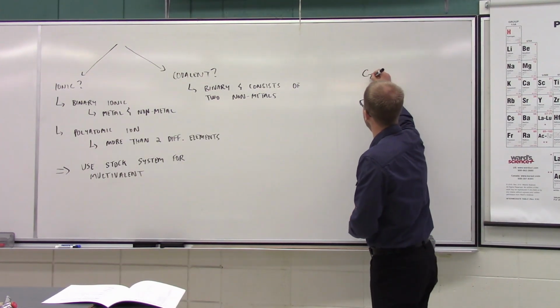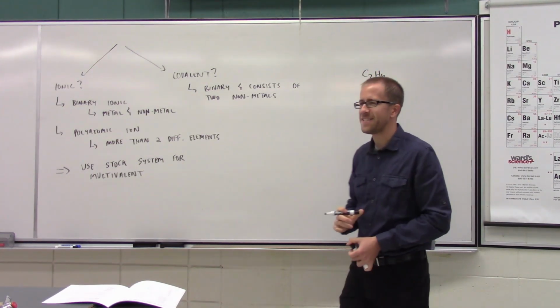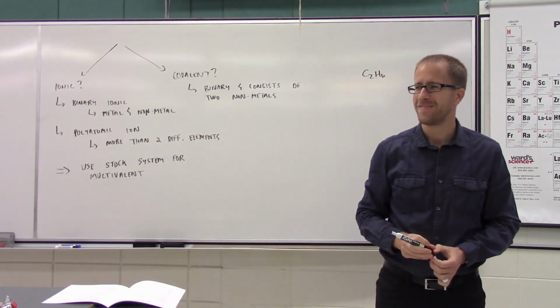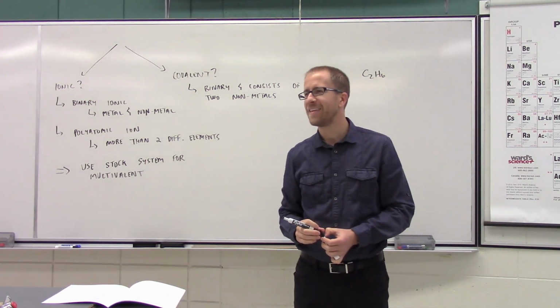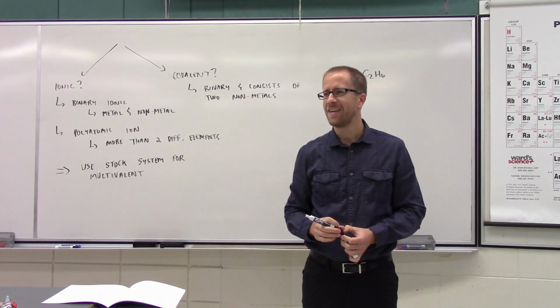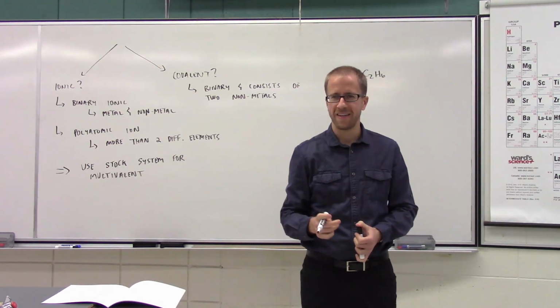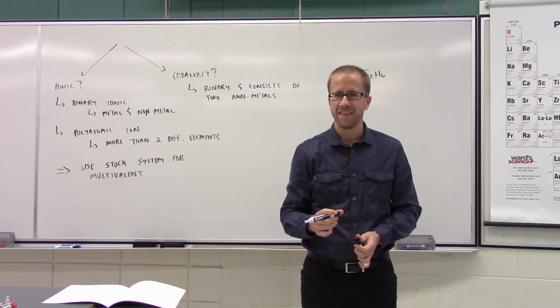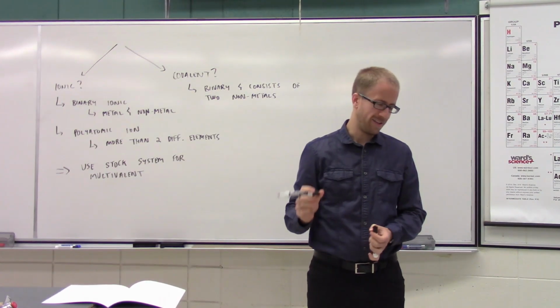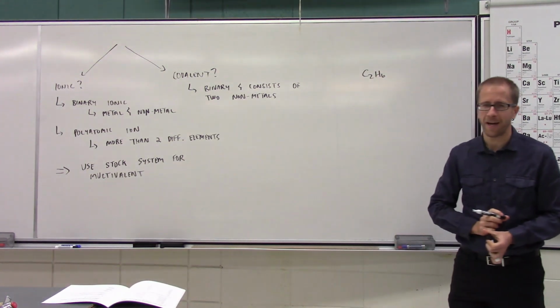Let's see who here watched the video yesterday. C2H6, how would I name that compound? Yeah? With Greek. Yes, the Greek prefixes, and what is it? Dicarbon hexahydride. Excellent. Dicarbon hexahydride, right?